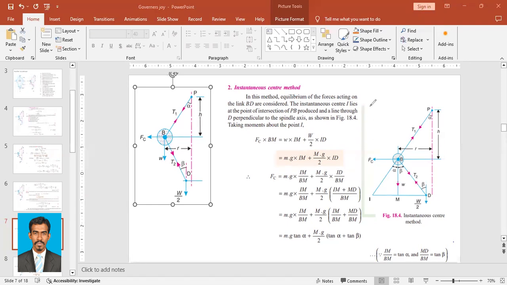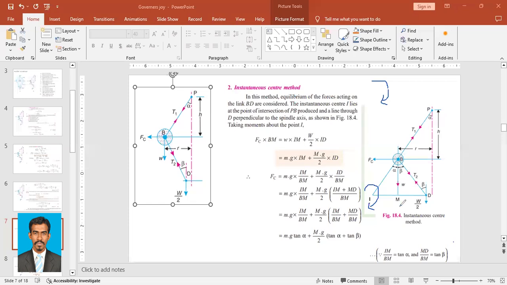So I'll take a clockwise rotation on this point. On this point, we'll take a clockwise moment. FC is opposing it, so it is on the other side of the equal sign: FC into BM, the length between the line of action of FC and the instantaneous center.